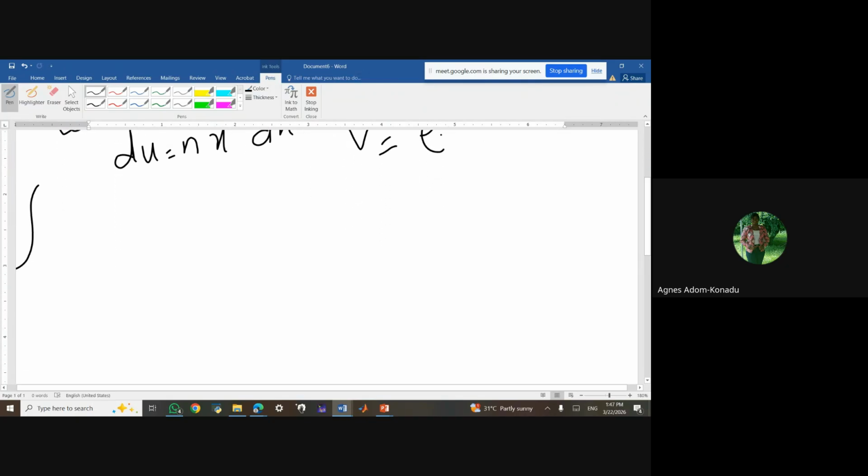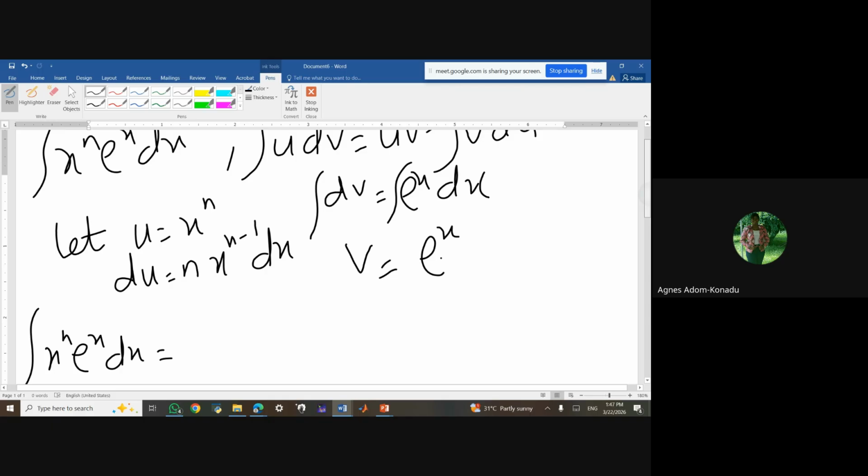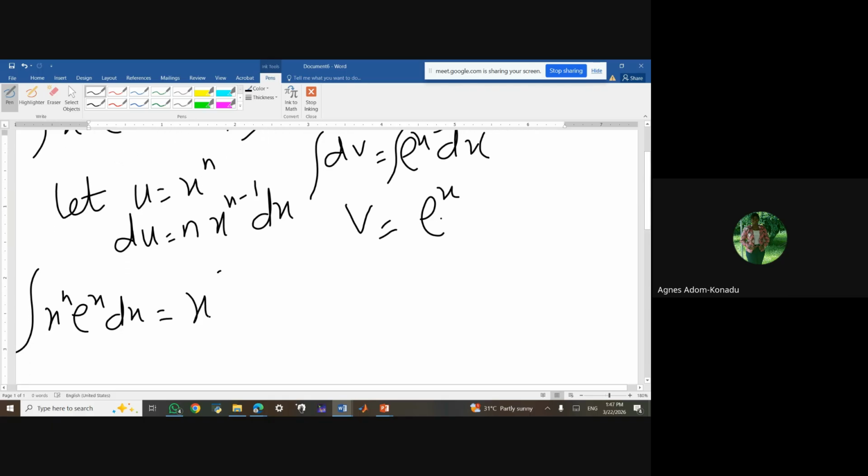The integral of u dv: my u is x to the power n, my v is e to the power x, minus integral of v, which is e to the power x, times du, which is n x to the power n minus 1 dx.